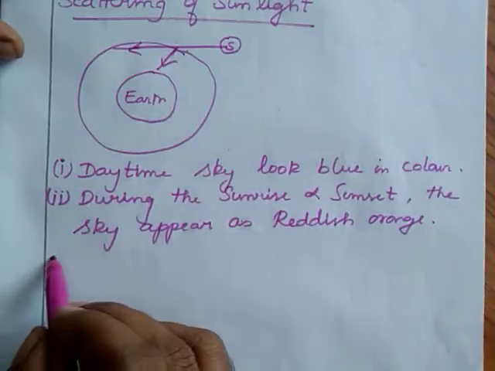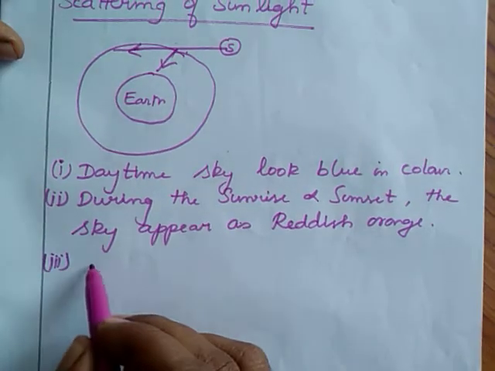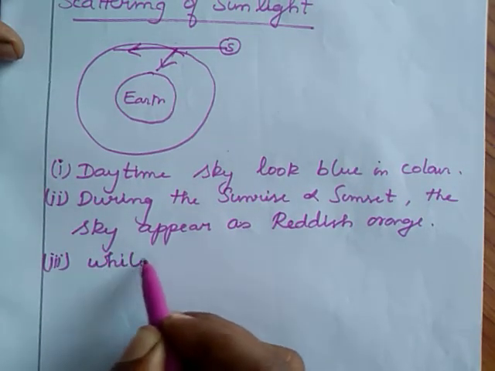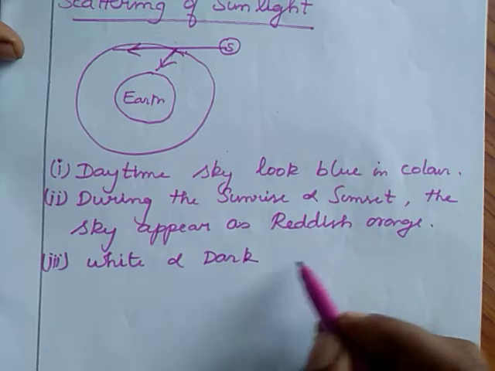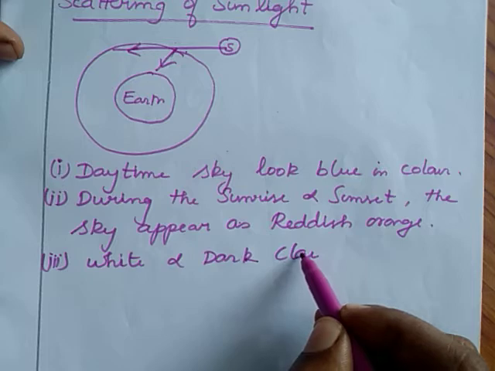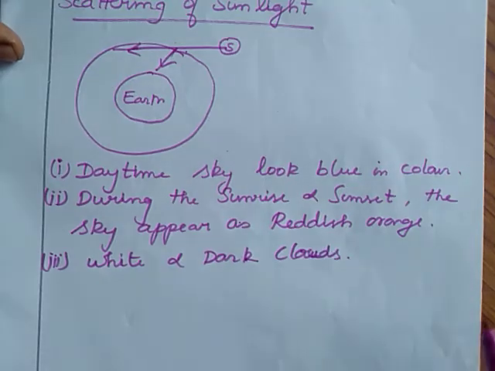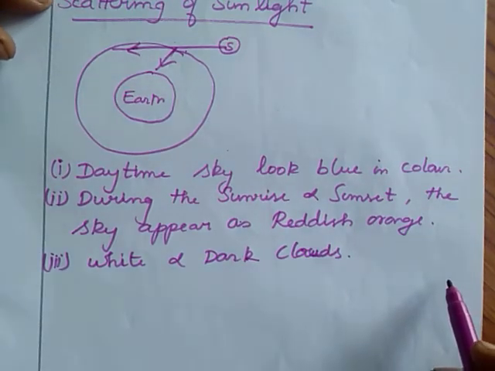And we know very well some clouds are white and some clouds are dark. That also is due to the scattering of sunlight.